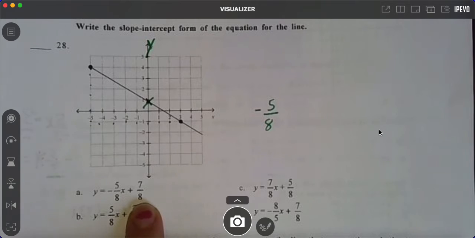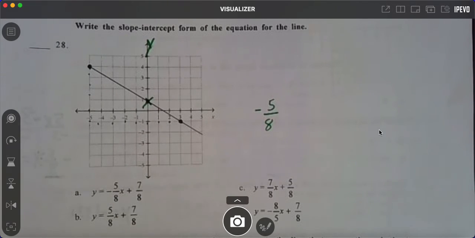Does that make sense for it to be 7/8? It's really, really close to the 1, but it's not on it. Do you see a 1 anywhere on the paper? So if you take your calculator and press 7 divided by 8, you would see it's really, really close to the number 1.